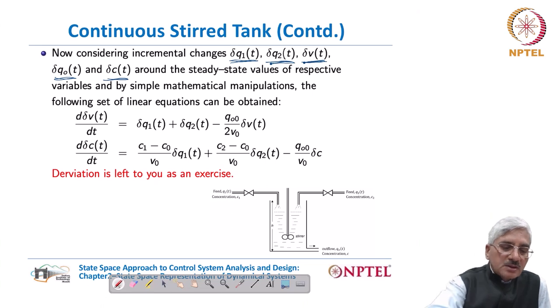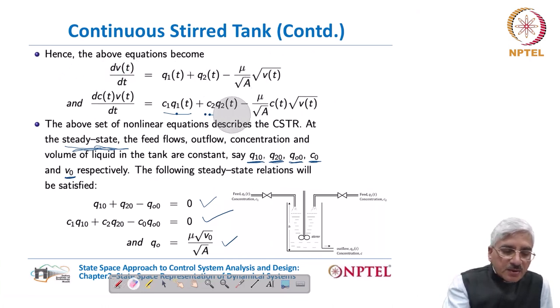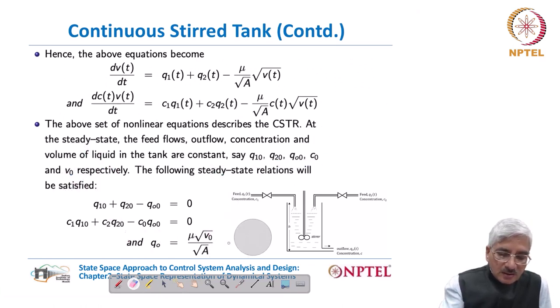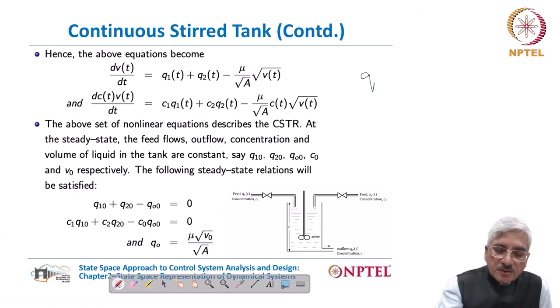Now we will substitute in these expressions, in place of the variables, their steady state values plus the respective changes. So we will substitute, for example, Q1(t) equal to Q10 plus delta Q1(t), like this.